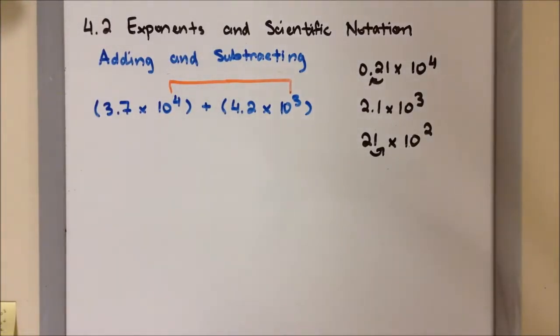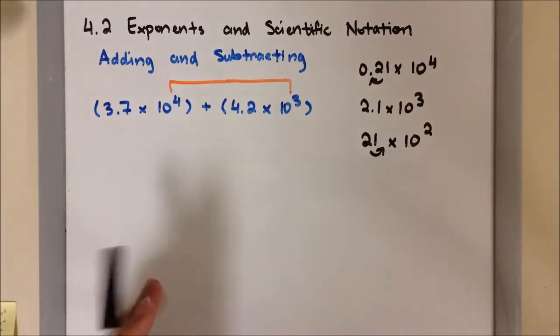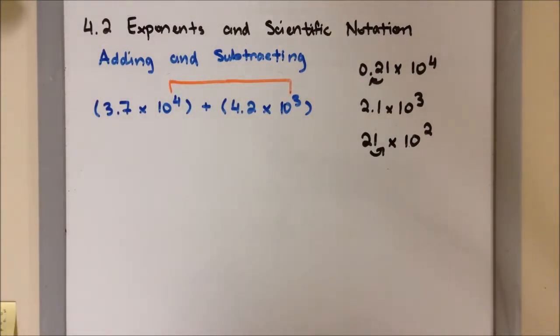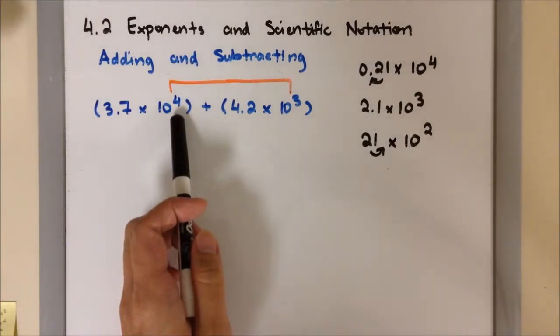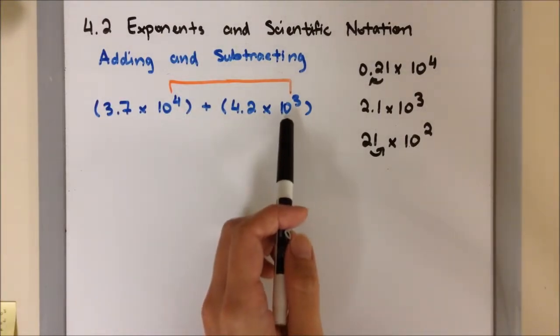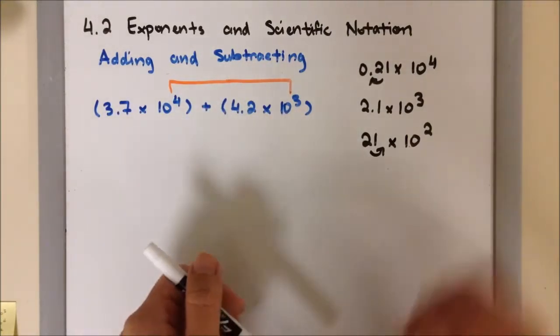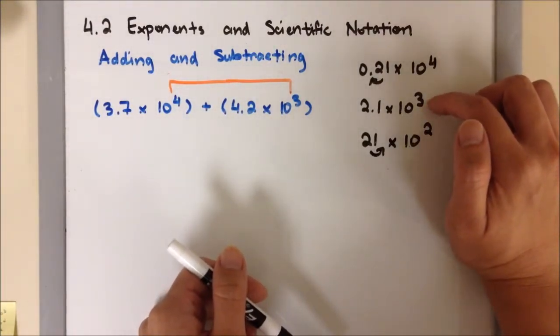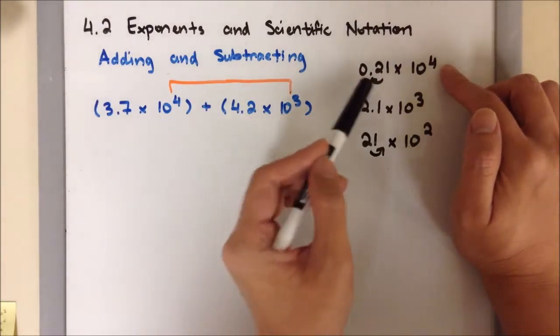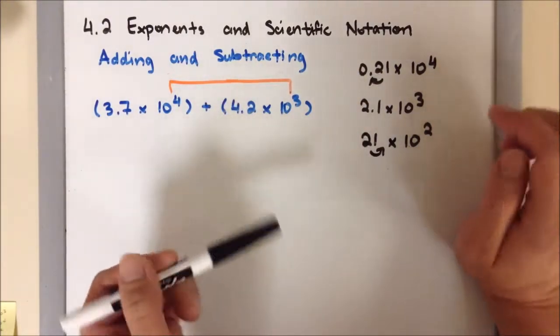So when there are different exponents on the tens, it's usually easy to stick with one way, which means I want to stick with the highest, so that's 4. If I want to go from 10 to the 3rd to 10 to the 4th, I want to increase my exponent, so I'm going to have to move my decimal place to the left.